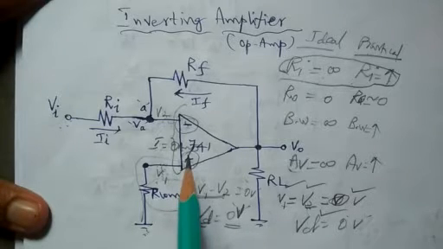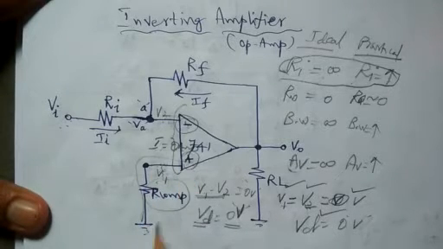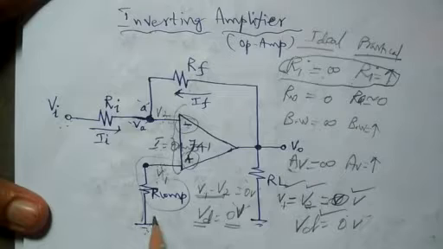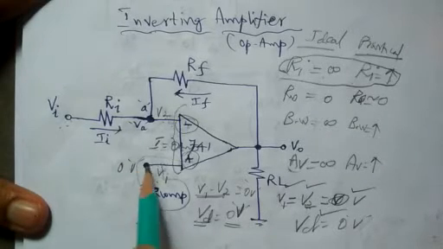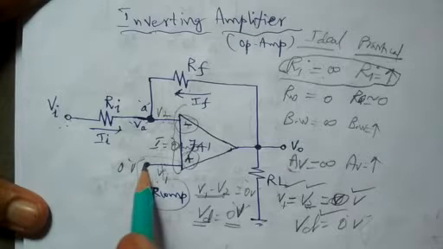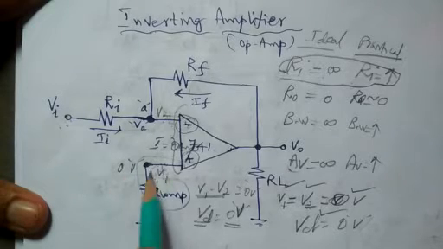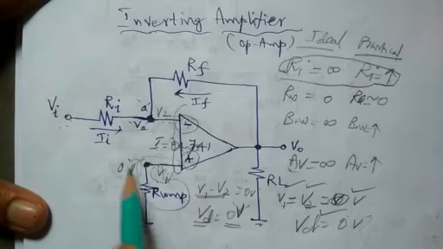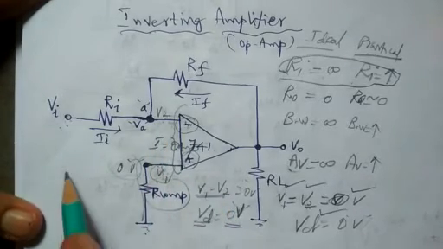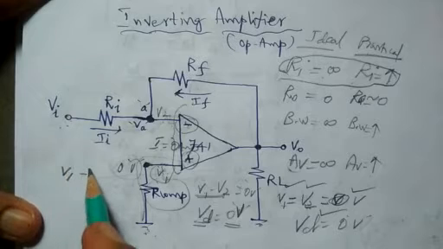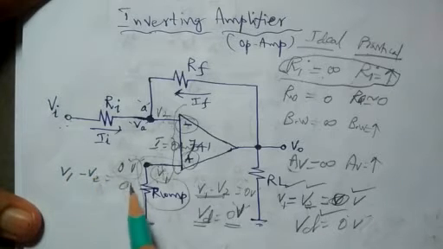The non-inverting terminal is grounded by RComp, so the potential at this terminal will be 0 volt because it is grounded. So the potential at this point, V1, is 0 volt. We can write V1 minus V2 must be 0 volt.